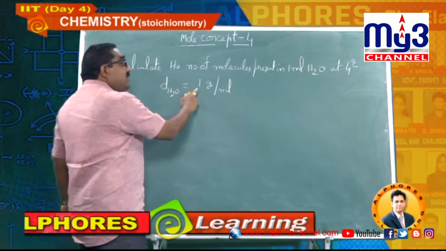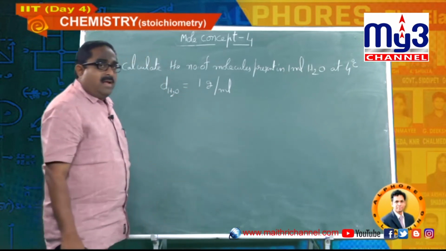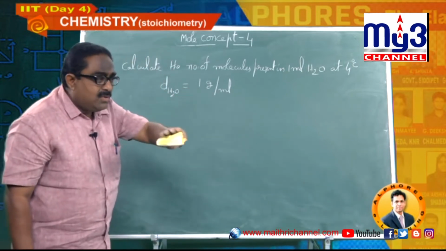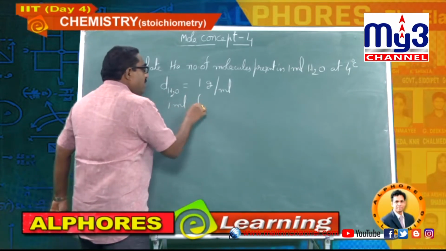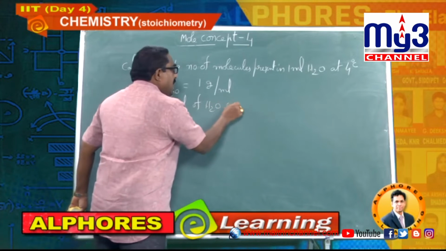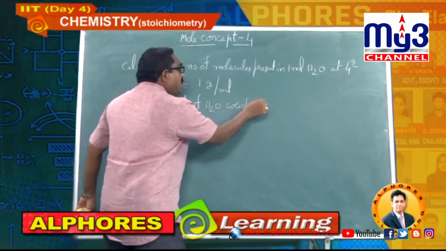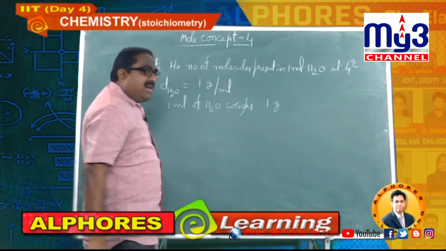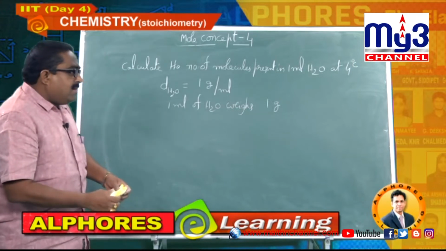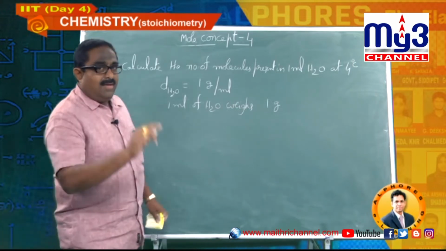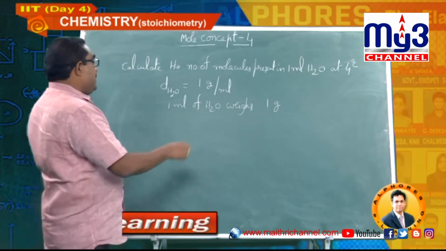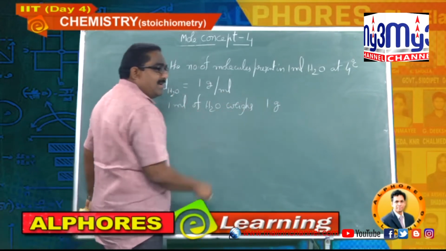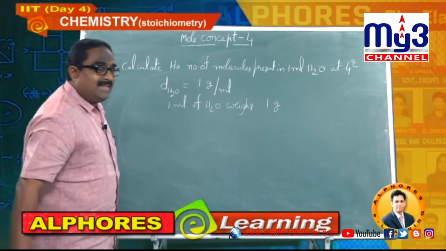But if you are given density as 1 gram per ml, you should be in a position to write a sentence like this: 1 ml of H2O weighs 1 gram. One should be able to write like that, then only we can say that fellow has thorough knowledge of density, right? So 1 ml of H2O weighs 1 gram. That is the meaning of density 1, right?